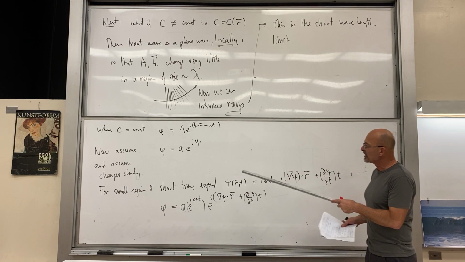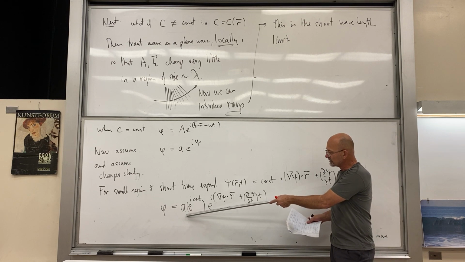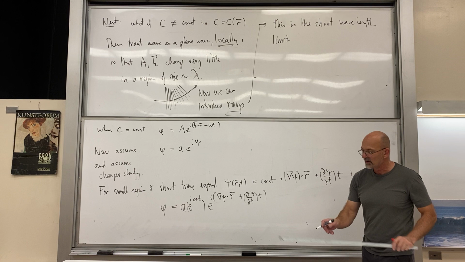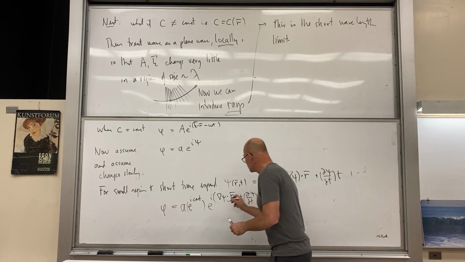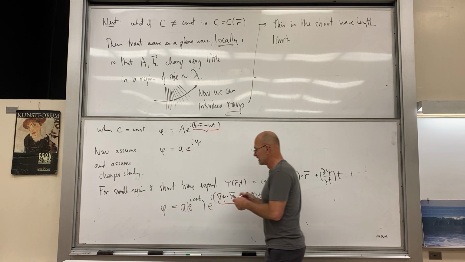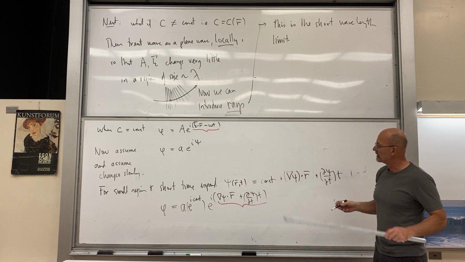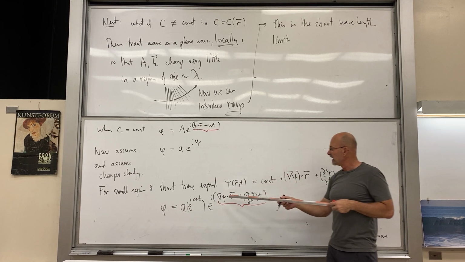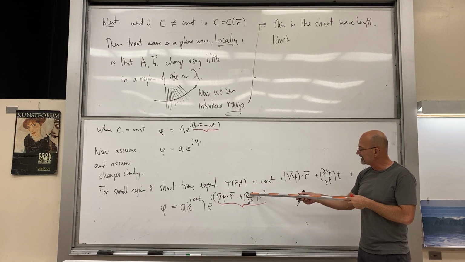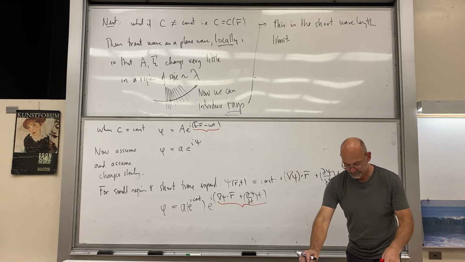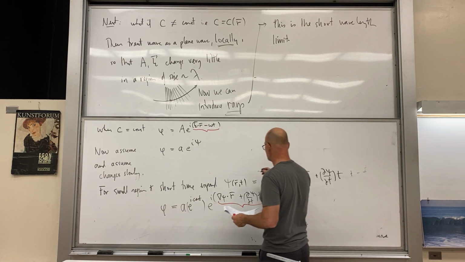And this is a small enough region, like I said, so that's why we're going to treat A as constant. And now we can compare these two expressions. By comparing these two, we can see that our gradient of C takes the place of K, and our ∂C/∂t takes the place of minus omega.